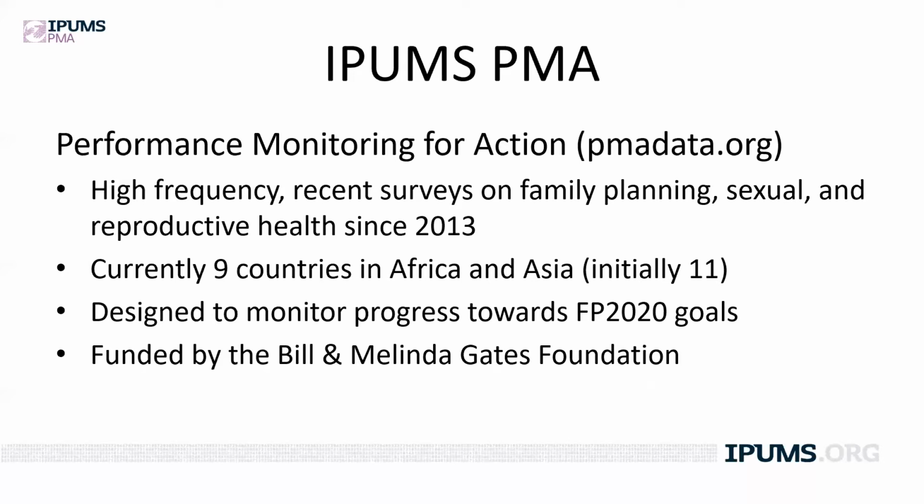These surveys were initially conducted in 11 countries in Africa and Asia, and are currently fielded in 9. It was designed to monitor progress towards FP2020 goals. The data collection is conducted by a team at Johns Hopkins University in Baltimore with their in-country partners, and the integration efforts here at IPUMS are funded by the Bill and Melinda Gates Foundation.